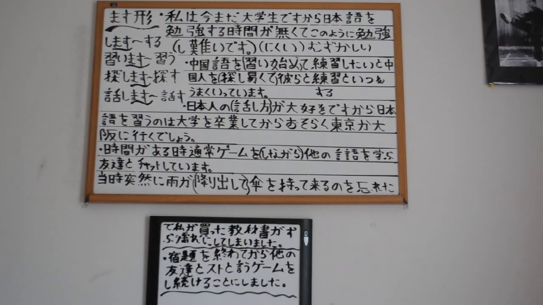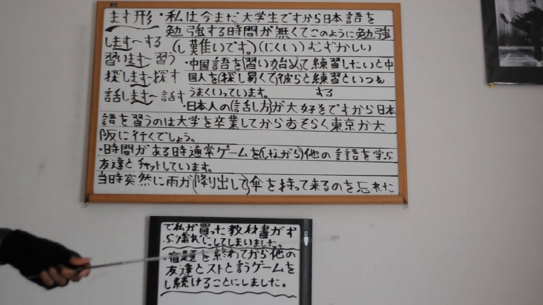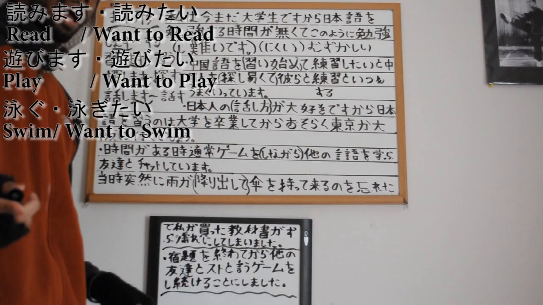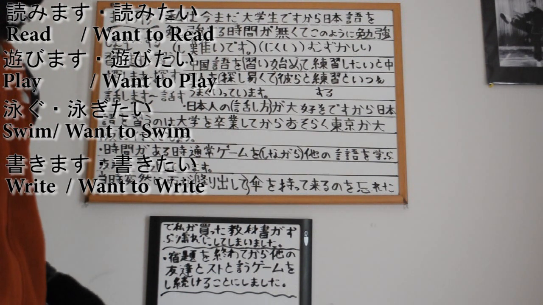That works with all verbs in Masu form. You drop off Masu, okay, and you add tai. Renshu shimasu, renshu shitai. Yomimasu, yomitai. Asobimasu, asobitai, want to play. Kakimasu, kakitai, want to write.